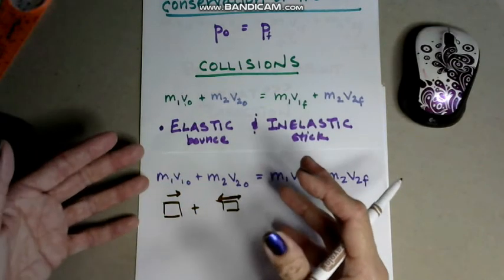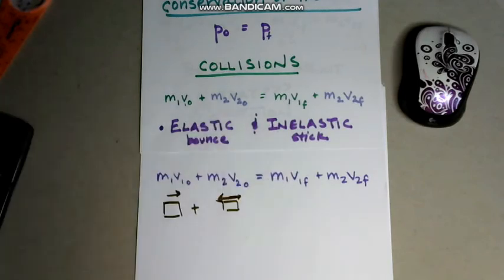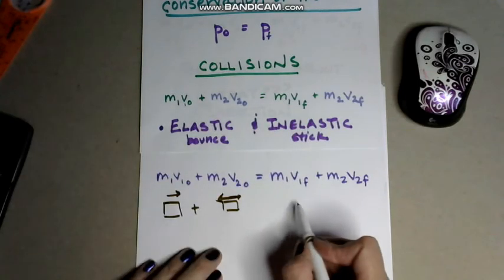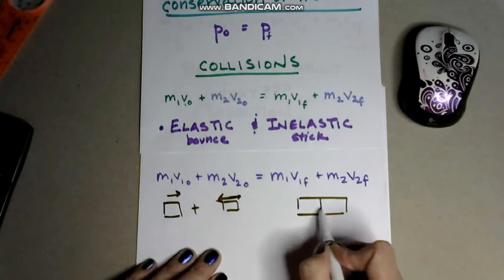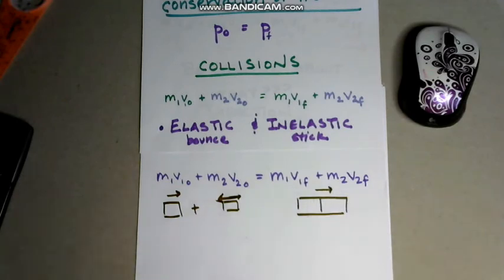Regardless, it's going to be a collision of some sort, whether it's a head-on collision on the highway or a rear-end collision on the highway. These two objects are going to squash together and then continue on as one object. Here is the key to solving this. What do you know about the final velocities here, V1F and V2F? I'm going to have you answer the multiple choice question now.